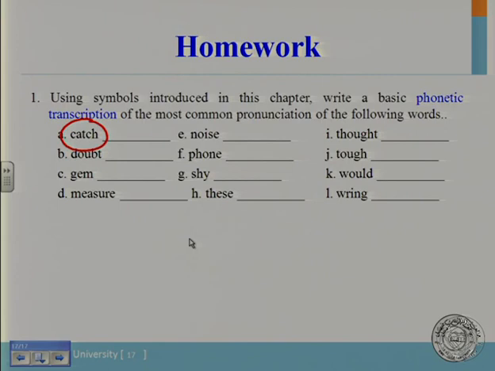Catch. The sound is "k," then we have the vowel, and the last sound is "ch." This is the basic phonetic description of the word catch.